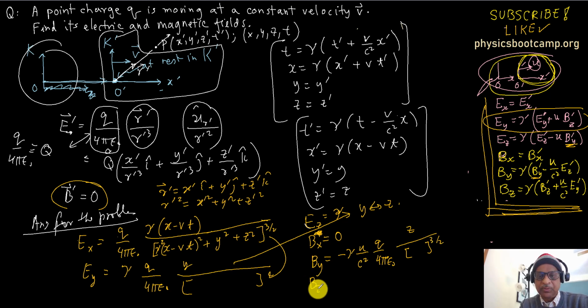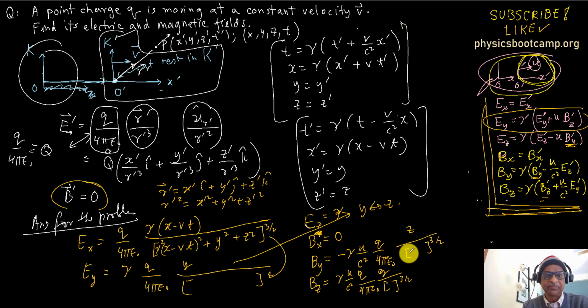And Bz: this will give me 0 because Bz prime is 0, but then it comes from Ey prime, so it's going to be gamma v over c square times q over 4 pi epsilon naught times y over this denominator to the 3/2.